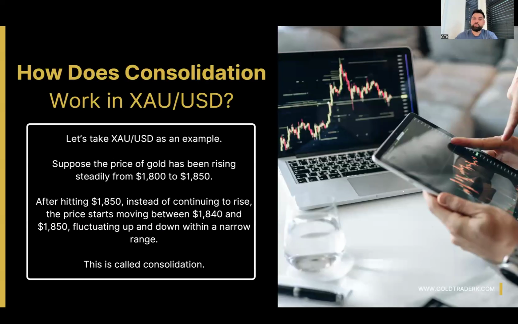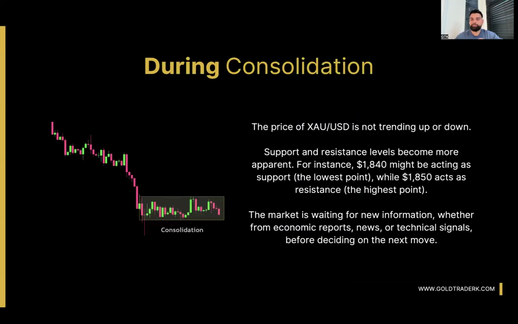How does consolidation work in XAU? Let's take XAU as an example. Suppose the price of gold has been rising steadily from 1800 to 1850. After hitting 1850, instead of continuing to rise, the price starts moving between 1840 and 1850, fluctuating up and down within a narrow range. This is called consolidation.